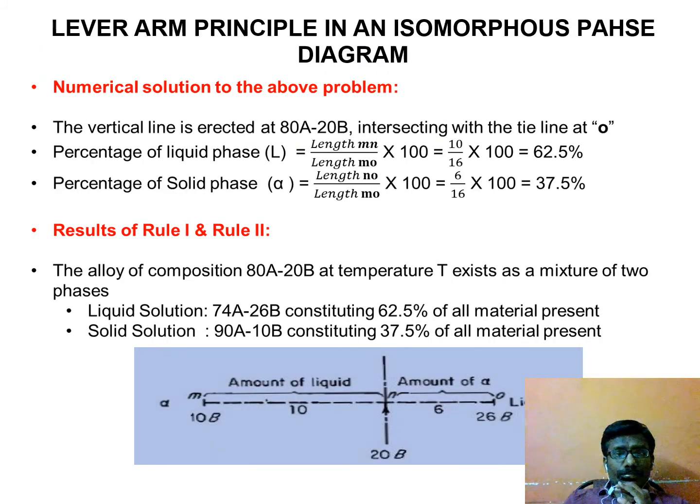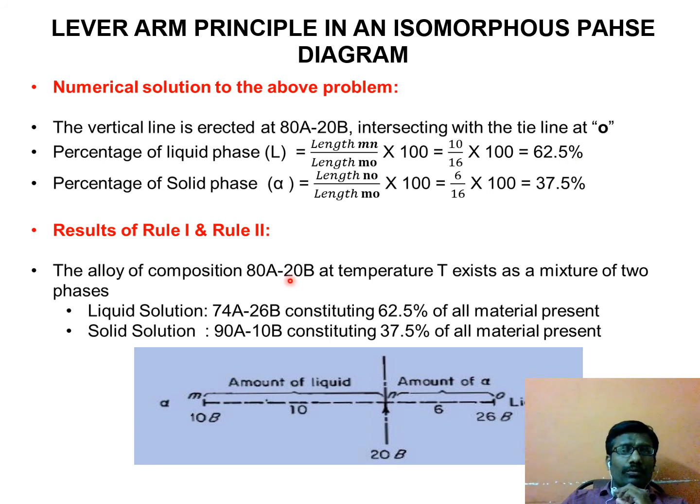Now an example from this phase diagram. I am finding at 80A, 20B. The liquid phase is 62.5%, and the solid phase is 37.5%. I have calculated it, so the total is 100%. Like this, at any composition and any temperature, you can find the percentage of liquid and solid.